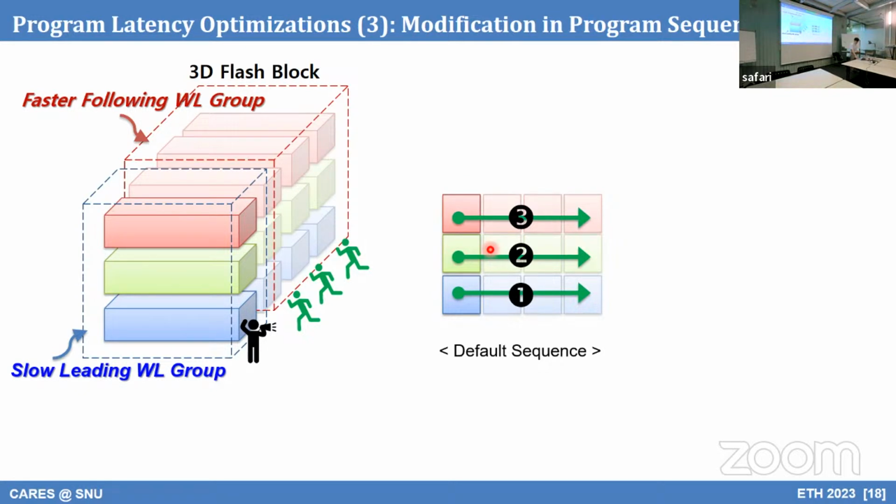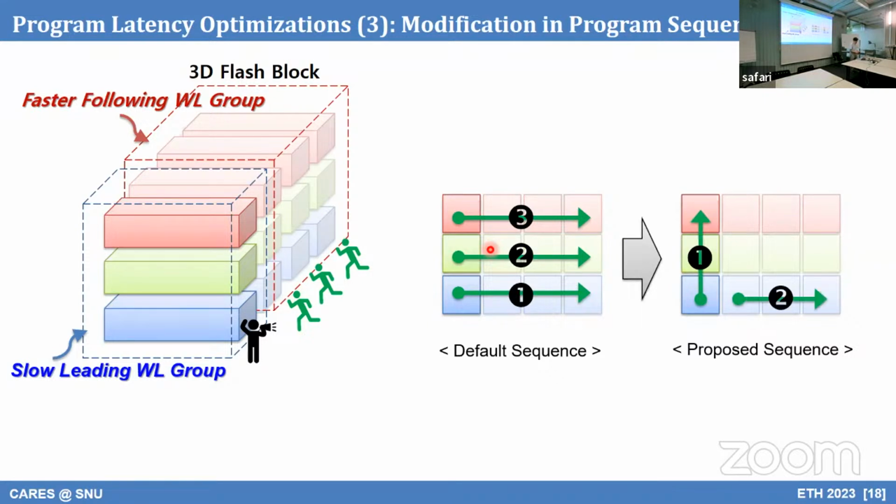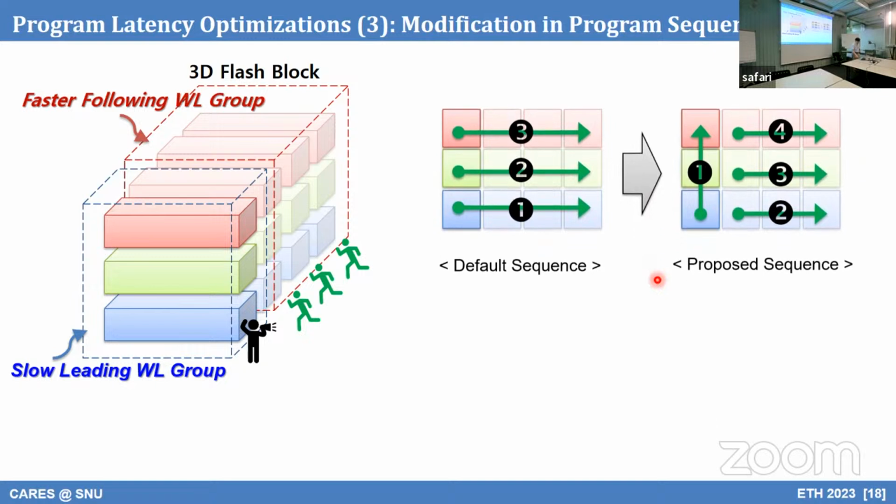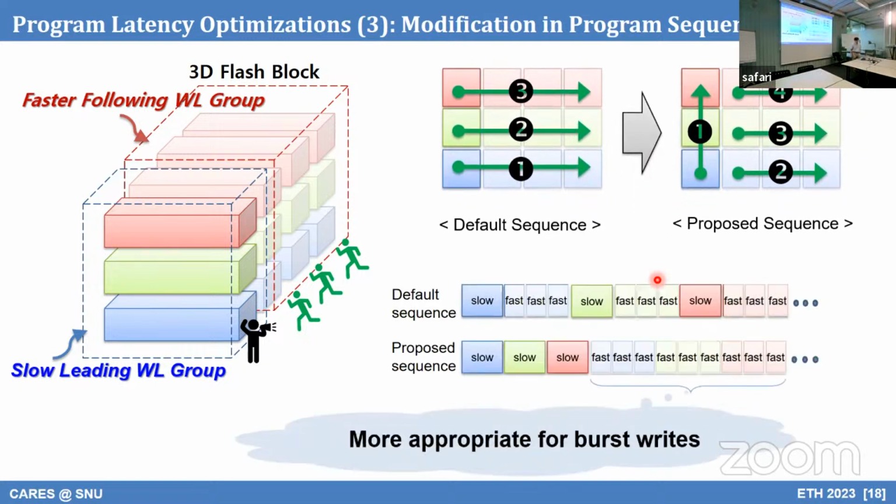But now we can change this program sequence depending on the write workload. For example, if we can do the reading word line first somehow, then what we can expect is the remaining 9 word lines here can be used very fast in terms of writing speed, because they all know the reading word line's parameters. Now it doesn't take long. So this kind of scenario is possible.